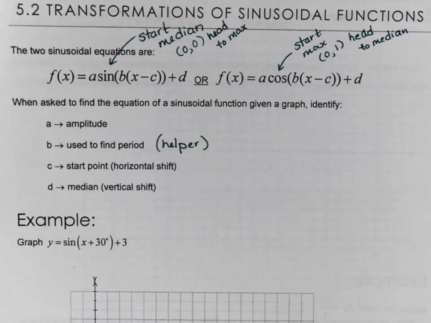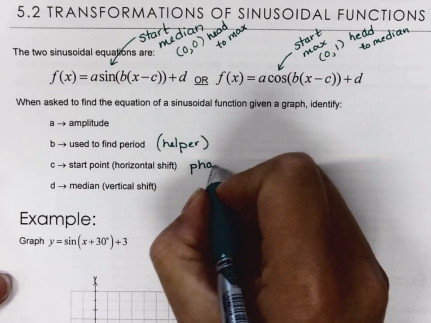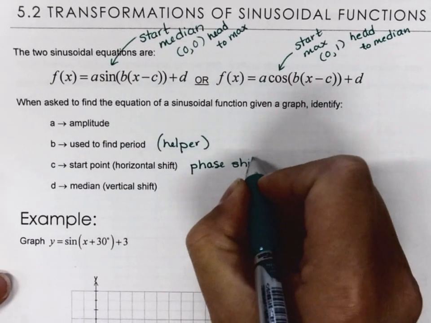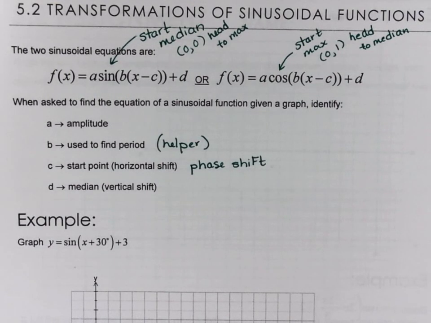C is the start point. It's also called the horizontal shift or phase shift, you might see. Those are the names that are sometimes given to it. Let me show the line. The median is going to be your vertical shift, your up, down.